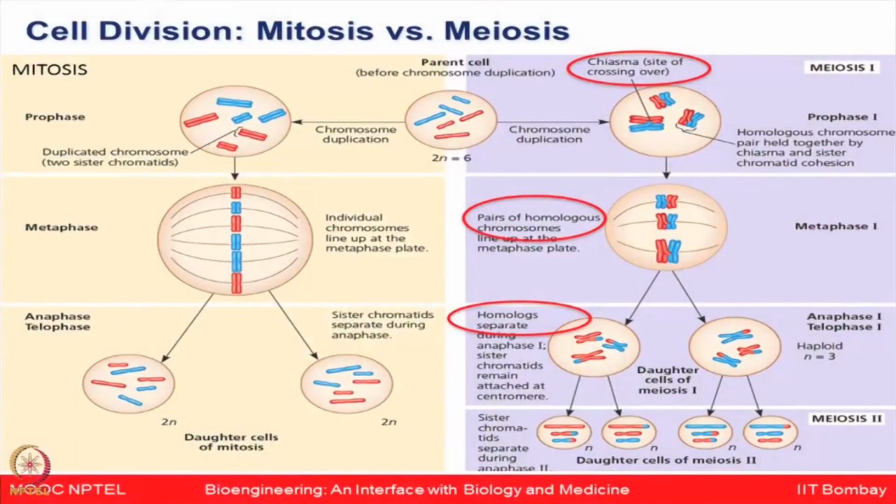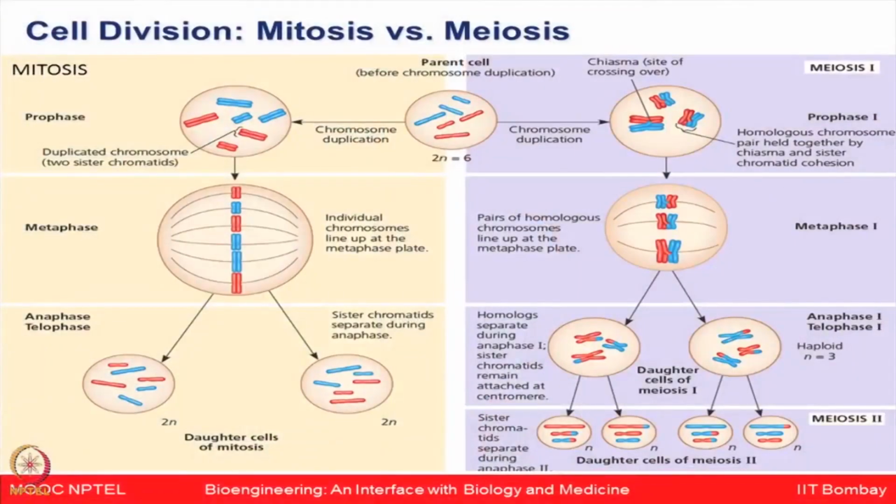This entire thing is slightly different from what you see in the prophase of mitosis. So, let me highlight the 3 distinguishing features which make meiosis more unique. The very first one was the crossing over, or the formation of chiasma. Now, this homologous pair of chromosomes moves and forms the metaphase plate when they get lined up there.